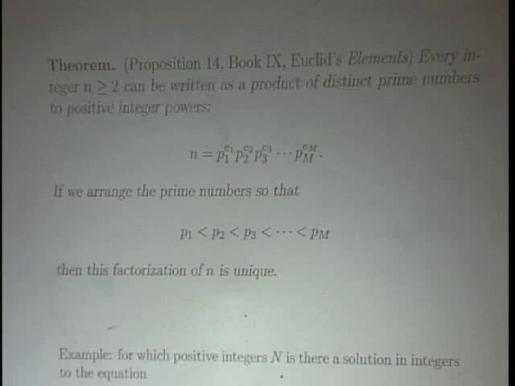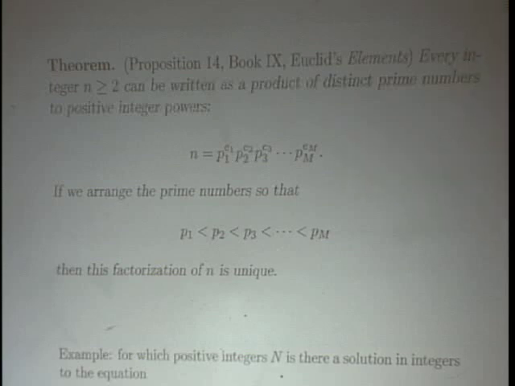So you could express it in several ways. For example, as I've indicated here, the integer n can be written as a product of distinct prime numbers p1, p2, p3, and then I've introduced some exponents, e1, e2, and so forth. So the prime p1 appears in the factorization e1 times, and so can be written in this fashion.